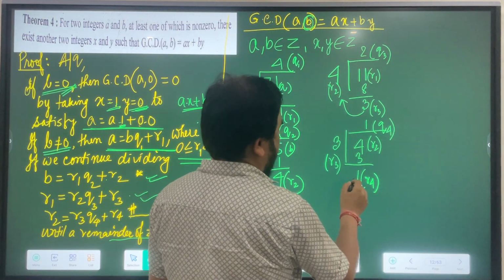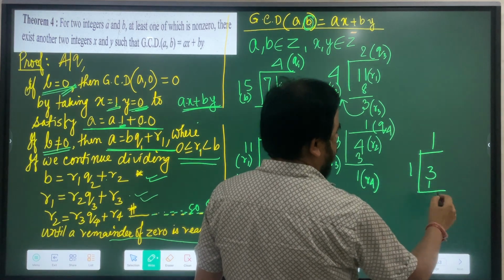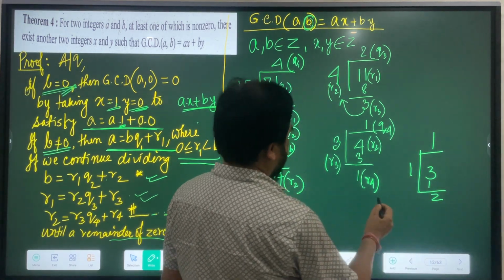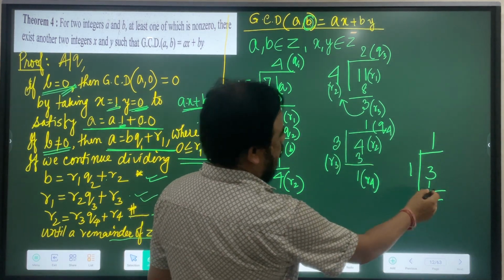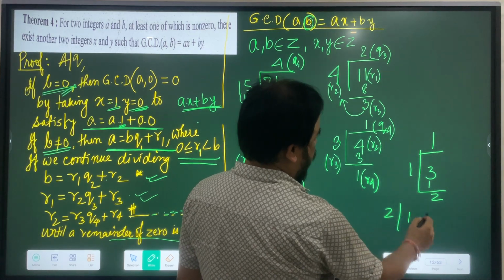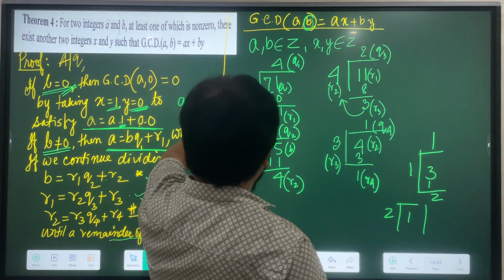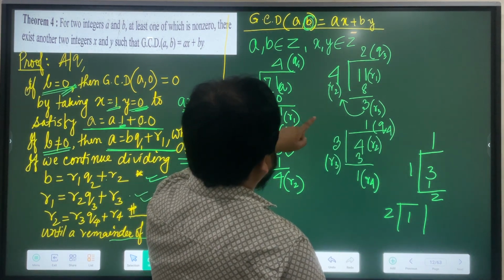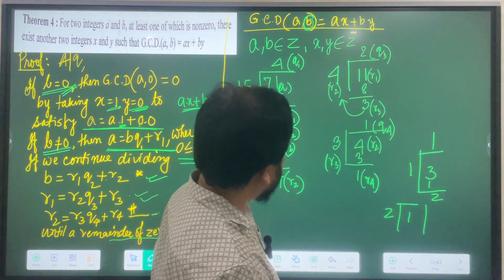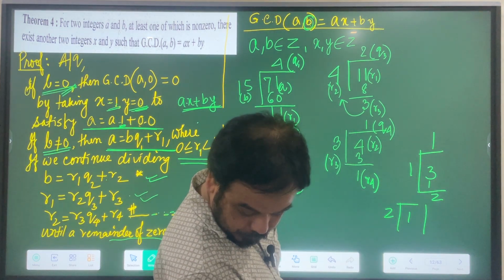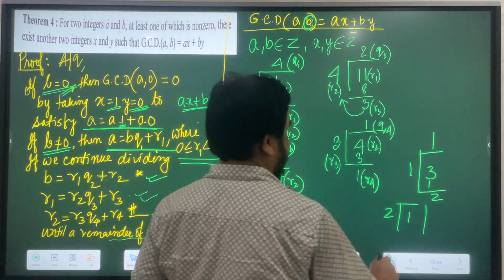Let us divide again. 1, 3. 1 1 is 1. 3 minus 1, 2. Again, 3 1 is 3. Sorry, there is a mistake somewhere here.